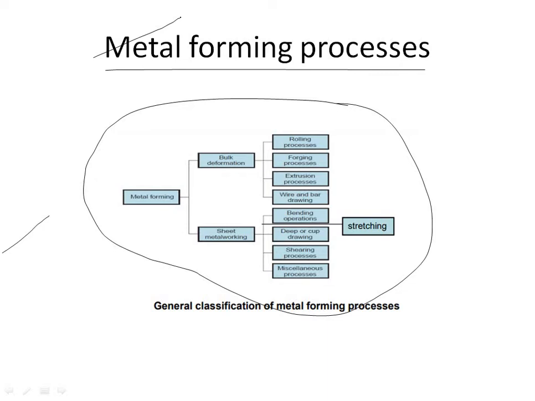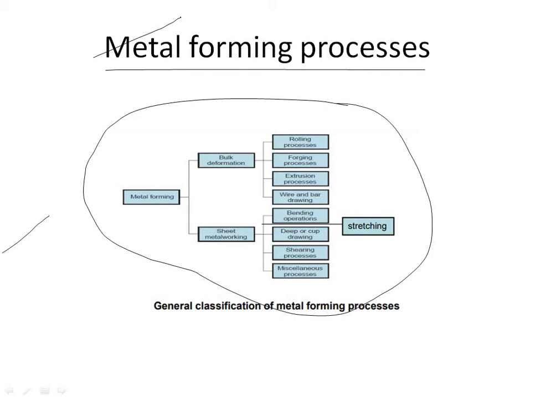Depending on the type of the process we are using the tools. Plastic deformation requires stresses beyond the yield strength of the workpiece material. Categories are bulk metal forming and sheet metal forming.